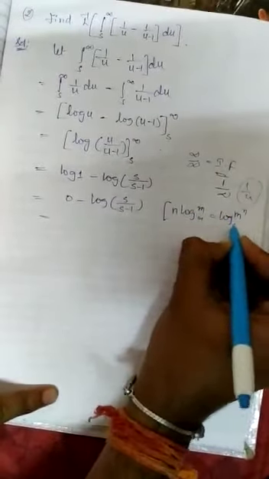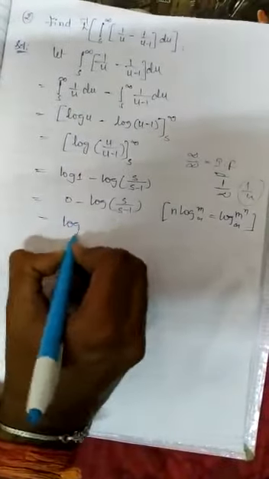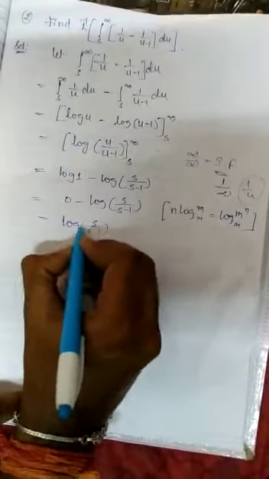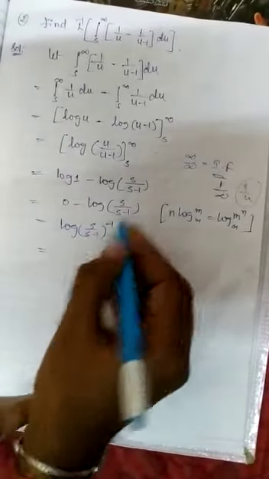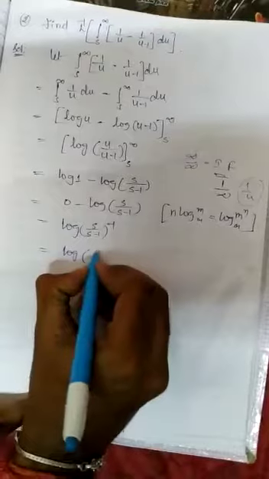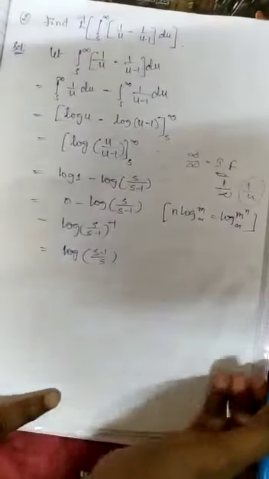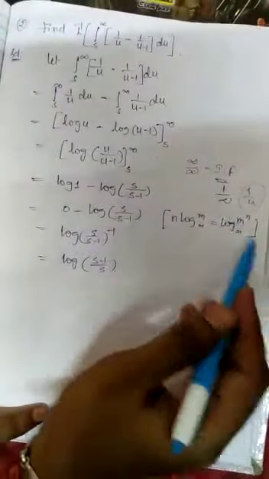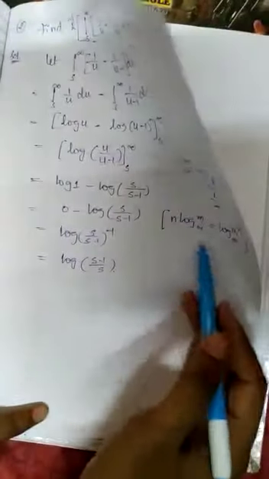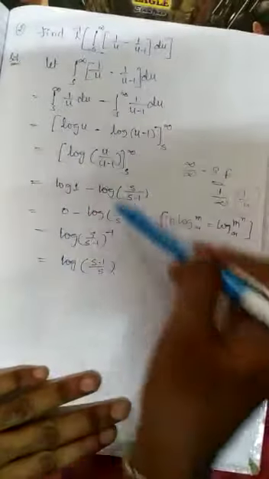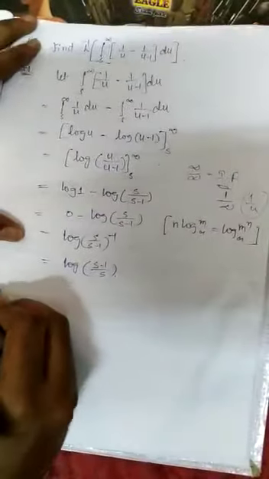Log of m to the power of n base a. That means we can write it as log of (s by s minus 1) to the power of minus 1. So (s by s minus 1) to the power of minus 1 is nothing but s minus 1 by s. So that is the value of this total inner term. But we have to find the Laplace inverse for this function. So let us apply the Laplace inverse here.